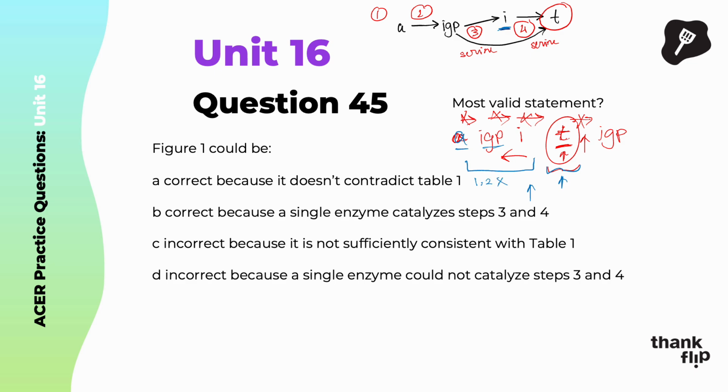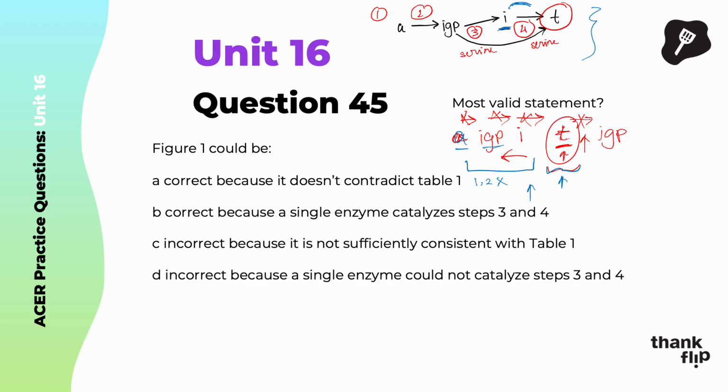And it makes sense that indole could be the step that's prior to the tryptophan, as is indicated by this figure here. There's nothing that's contraindicating it. This doesn't prove that this is the correct figure, but there's nothing contradicting table 1 so far.